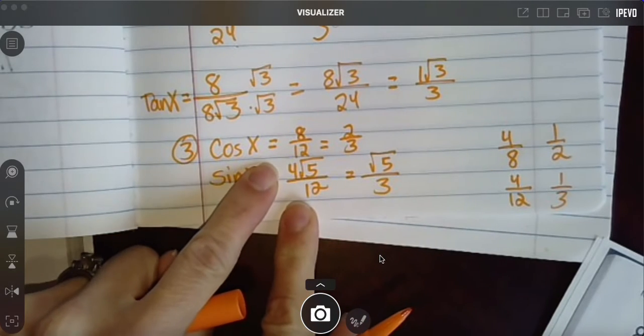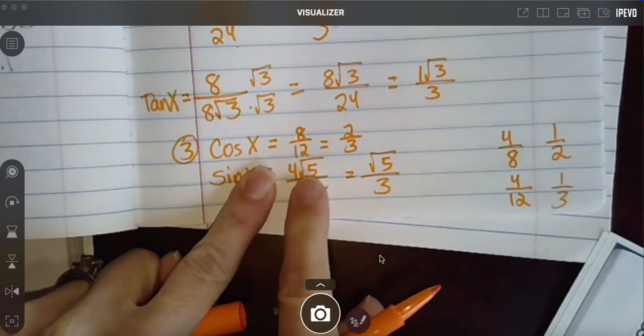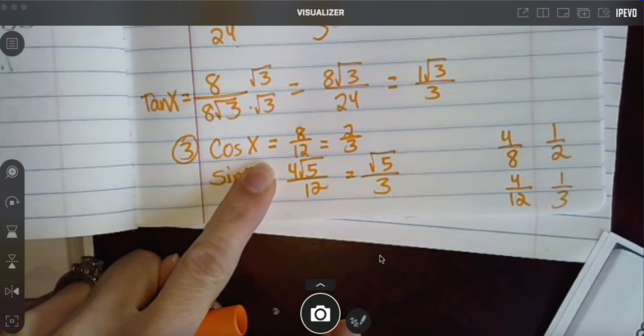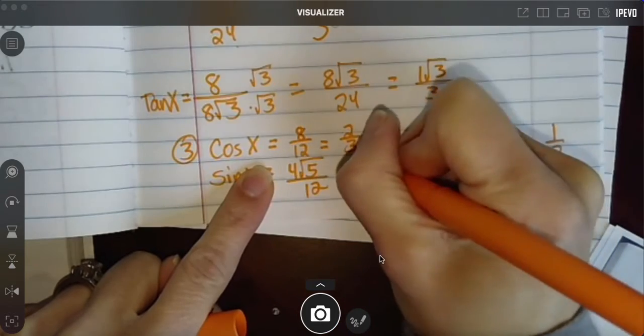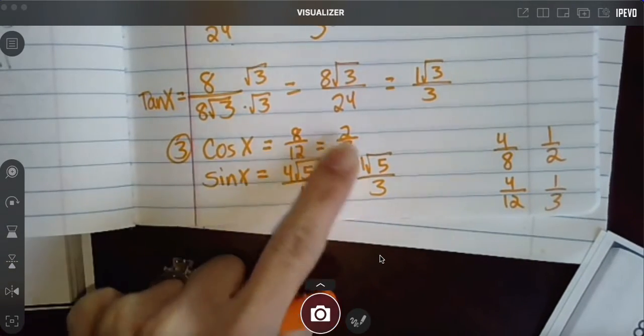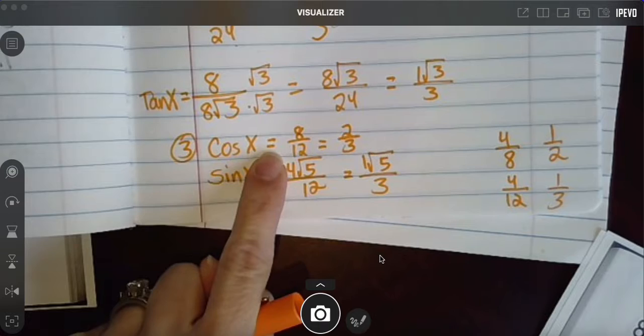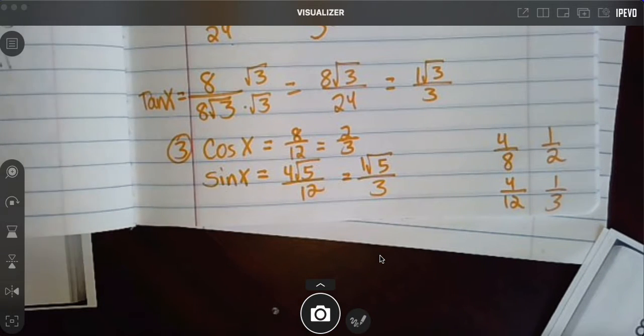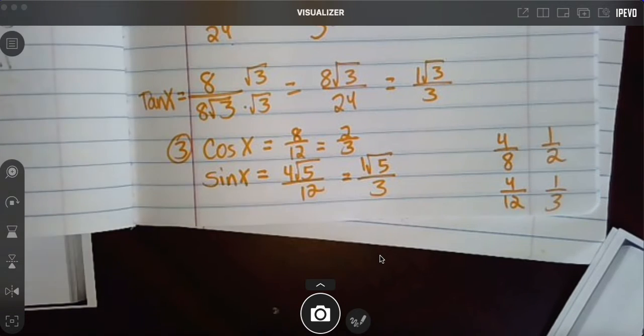That's the same thing I'm doing right here. The only difference is I have a square root of 5 that I have to keep. So you just leave it there? Yeah, it has to stay there. That reduced to 1/3, but I still have a square root of 5 right here. It doesn't go away. All right, so all you're doing is reducing a fraction if you can.